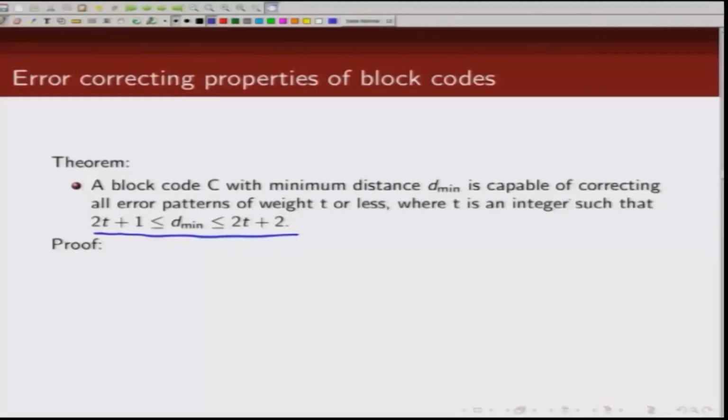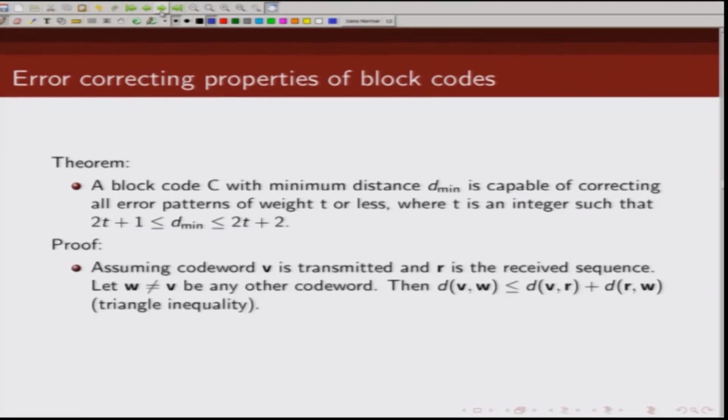If d min satisfies this relation, then the code is capable of correcting all error patterns up to weight t. So, let us prove this result.